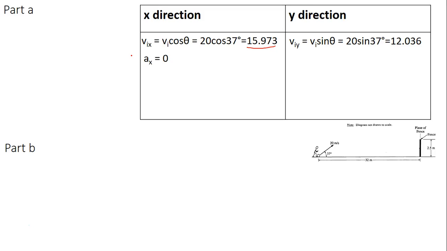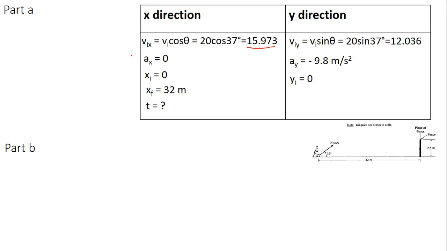In the X direction, the acceleration is 0. We know that the initial position is 0. The final position is 32, and we don't know the time. That's actually what we want to find for part A. In the Y direction, the acceleration is negative 9.8.